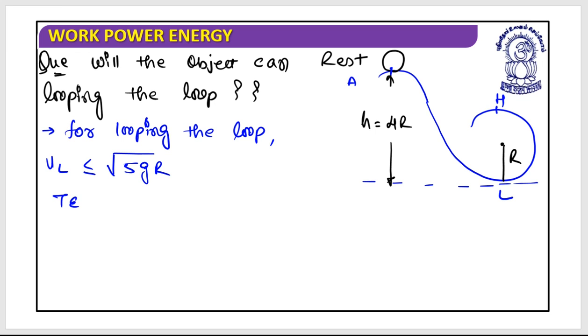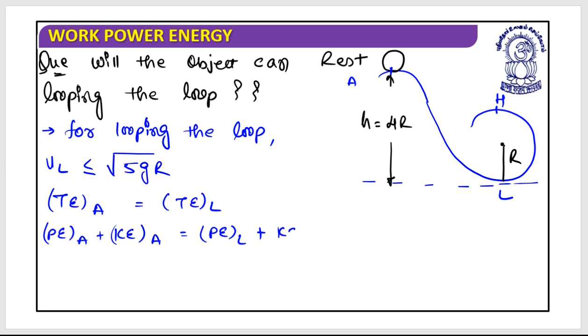Let's give this location the name A. The total energy at A should be equal to the total energy at L. Total energy at A is potential energy at A plus kinetic energy at A, which equals potential energy at L plus kinetic energy at L. Potential energy at A, with h equal to 4r and mass m, is mgh, plus kinetic energy at A, which is 0 since it is at rest.